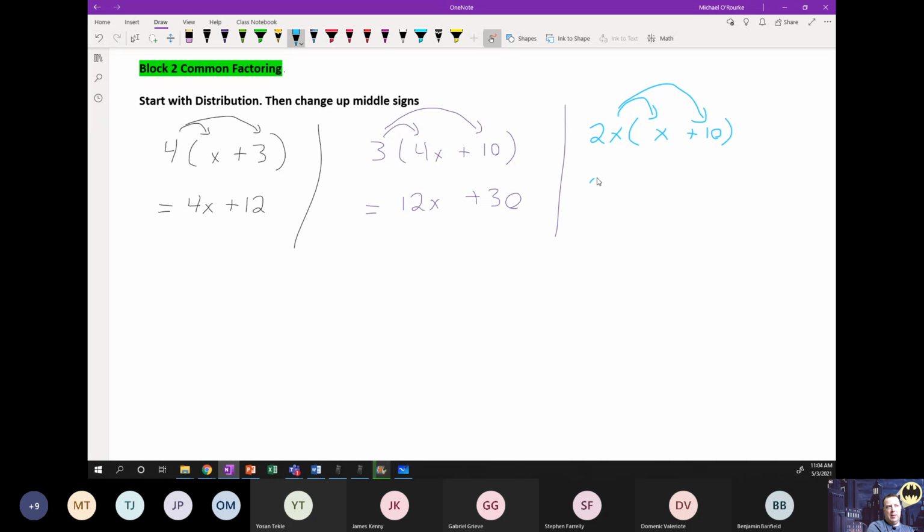So this here is going to be 2x times x plus 2x times 10, right? So 2 times 1 is 2. Remember when we did x times x, we add the exponent. So x^1 plus x^1 is x^2 plus 20x.